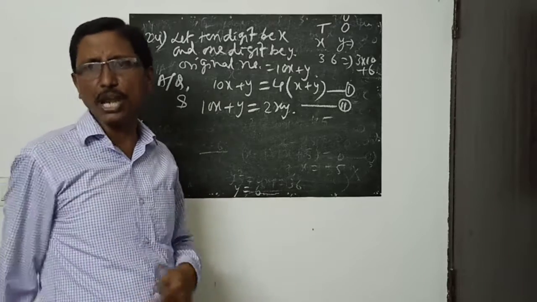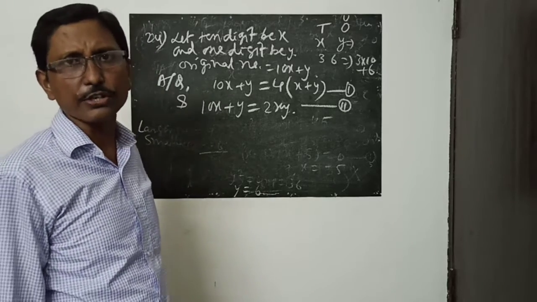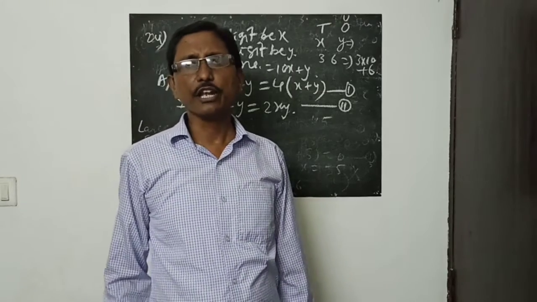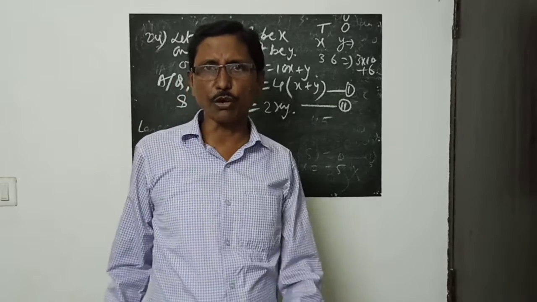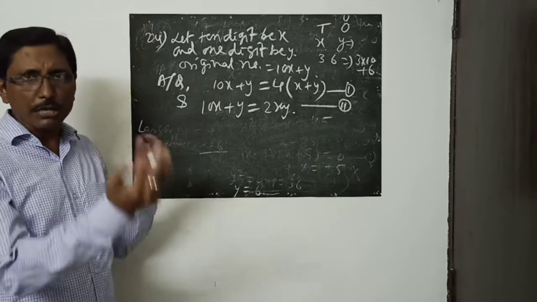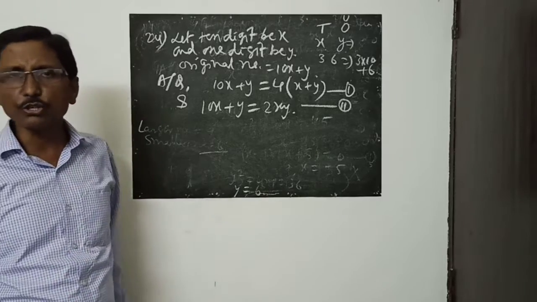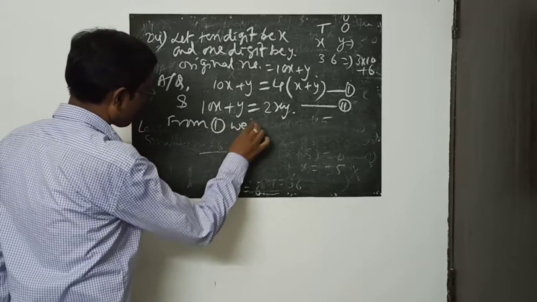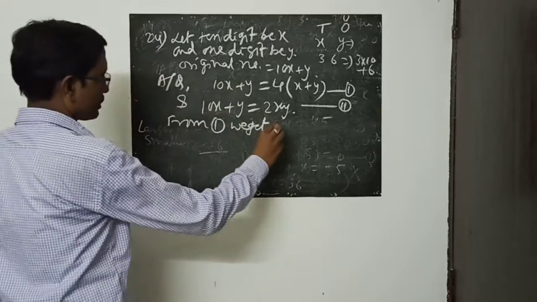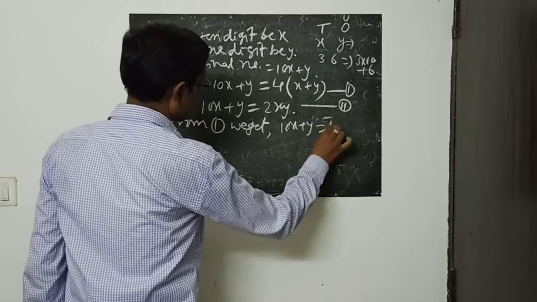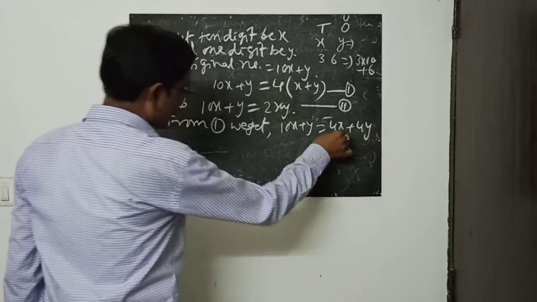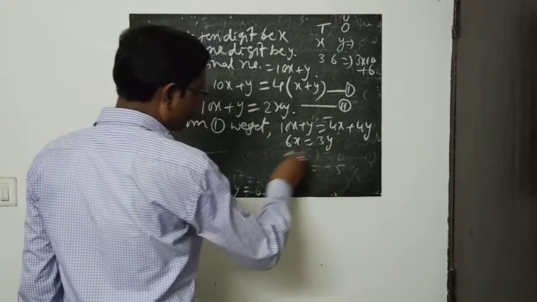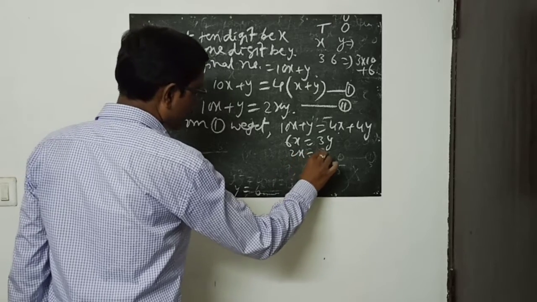So if you have this type of problem, one linear, one quadratic, it is simple: the substitution method is to be done. You have to convert the equation into one variable only, quadratic. So from the linear equation you have to get the relation between x and y. From 1 we get 10x plus y equal to 4x plus 4y. Taking 4x to that side, 6x equal to 3y. Cutting both sides by 3, 2x equal to y.